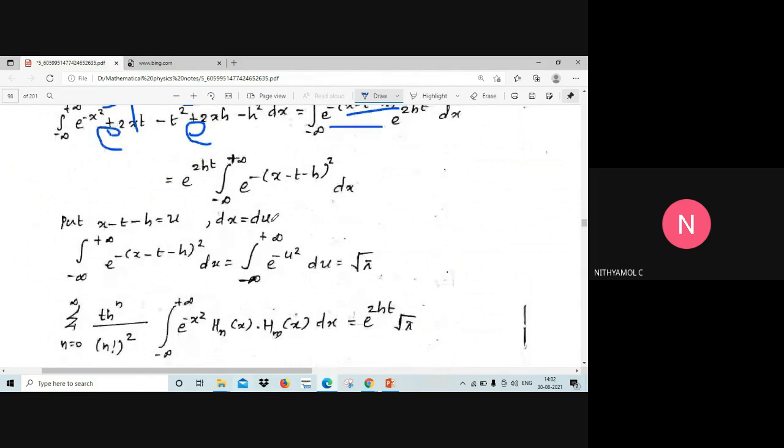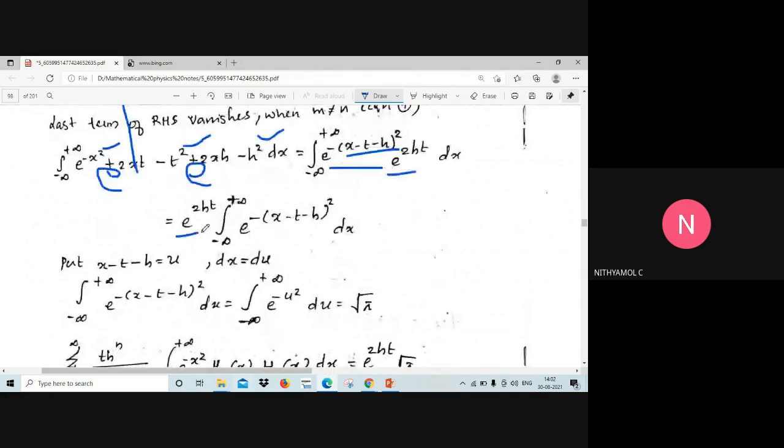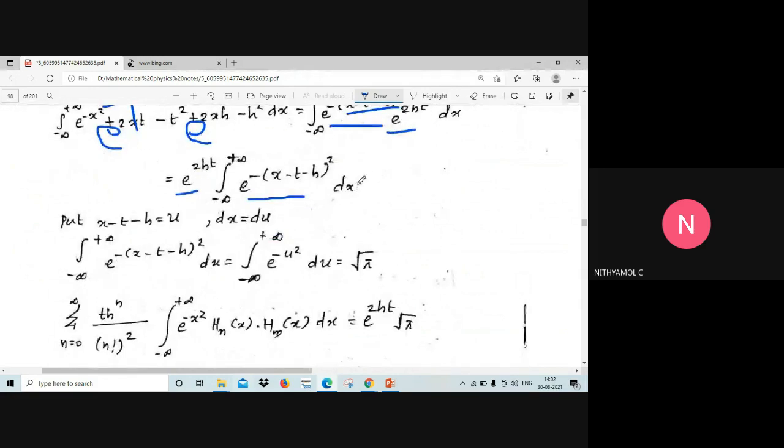So we can take e raised to 2ht outside of this integral: e raised to 2ht integral minus infinity to infinity e raised to minus (x minus t minus h) all square dx.